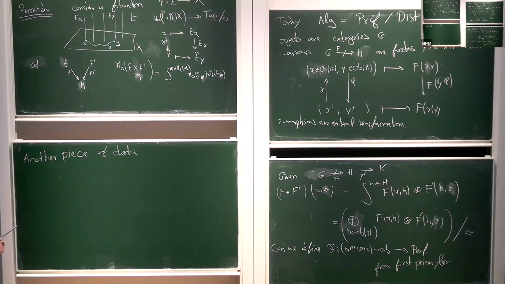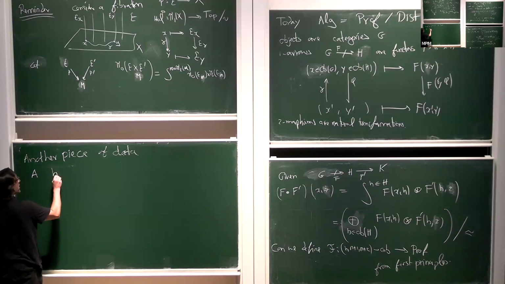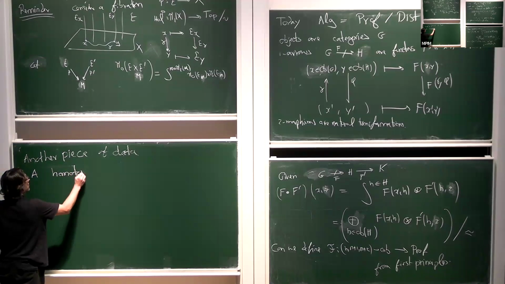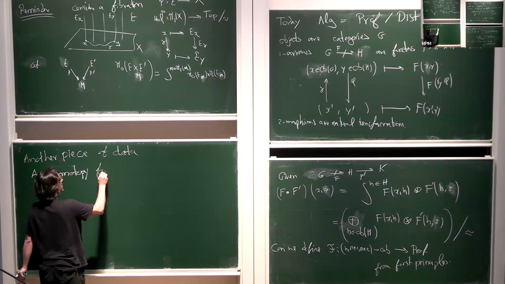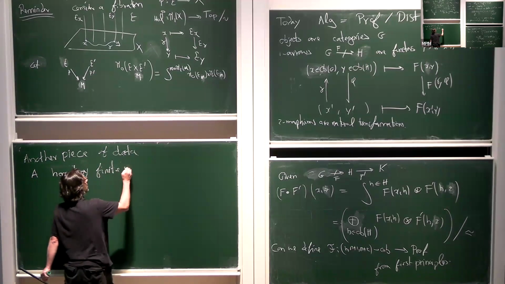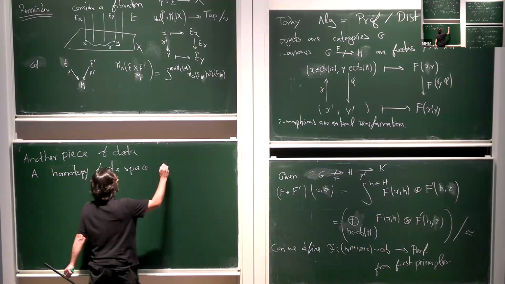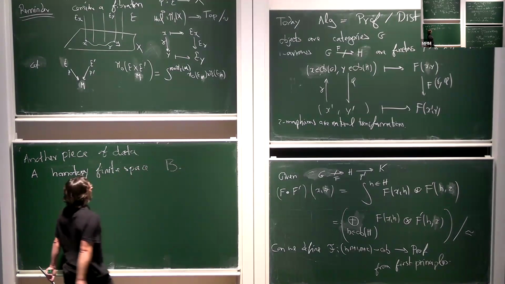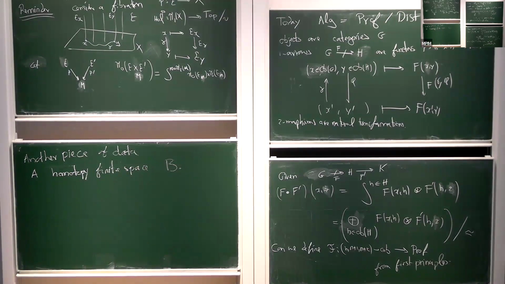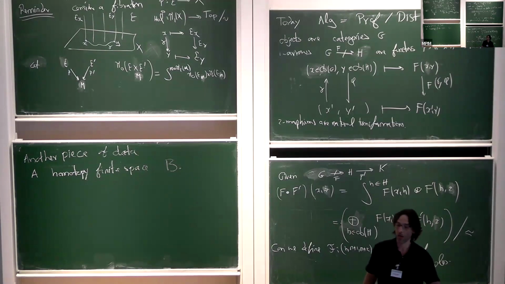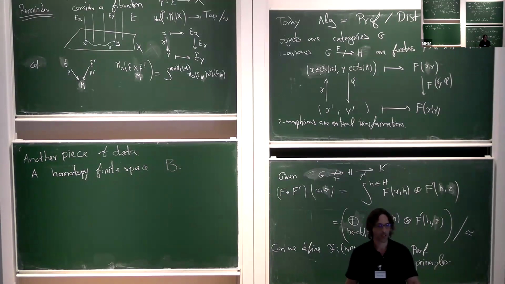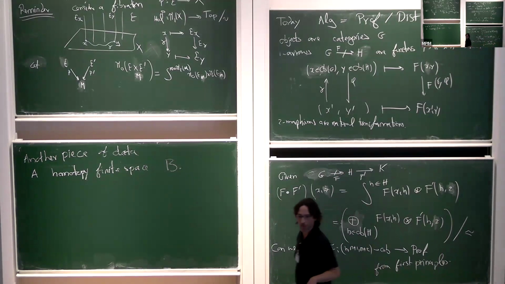The other piece of data I need is a homotopy finite space, B. And when I say homotopy finite space, I mean a space with finitely many path components, each of which has finitely many non-trivial homotopy groups, all of which are finite, which was the definition given yesterday.